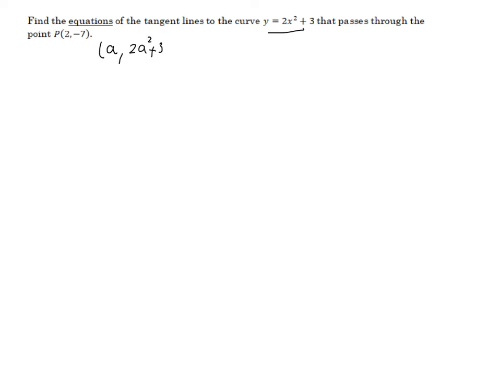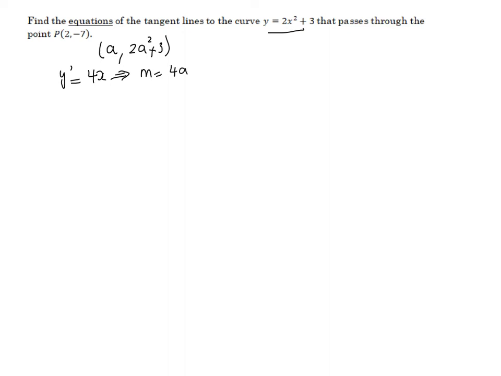So this is the point where the tangent touches the curve. The slope of the tangent can be found by finding the derivative of the function at x equal to a. So y prime becomes 4x. So from here, the slope m is 4a.